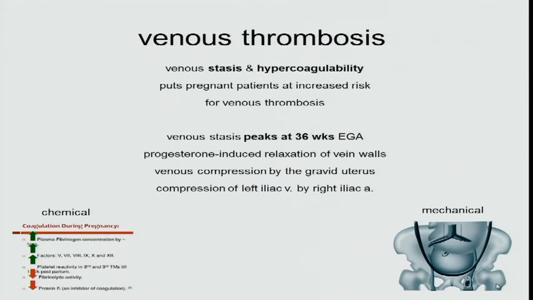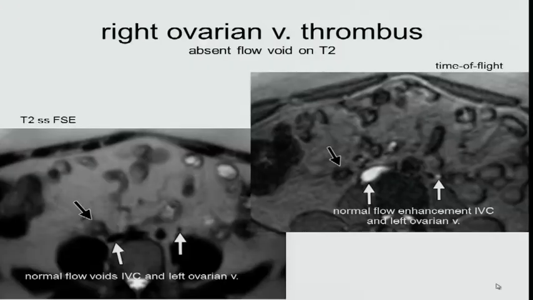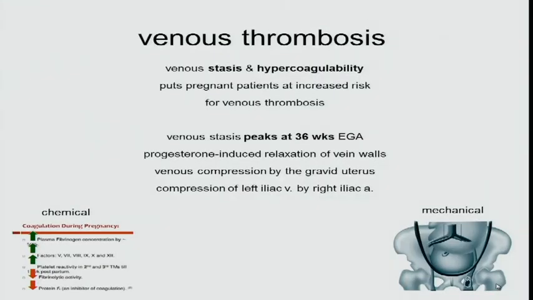So you've got changes in your clotting cascade that predispose to not bleeding, and then you have this fetus that's sitting right on those iliac veins. It peaks at 36 weeks, and you also get dilatation of the vein walls from progesterone and relaxin. Those are all those hormones that help the gravid uterus not contract, just help that smooth muscle relax.